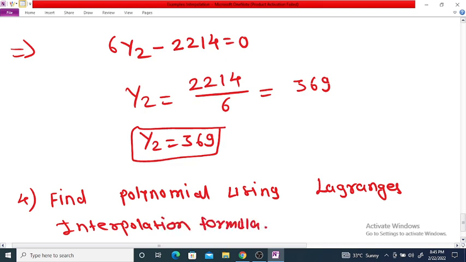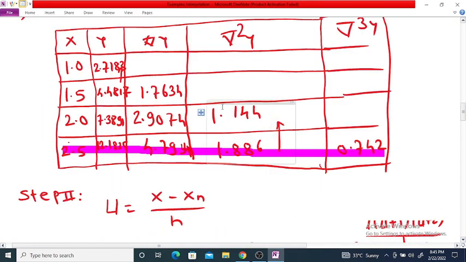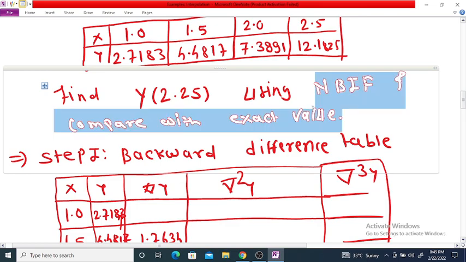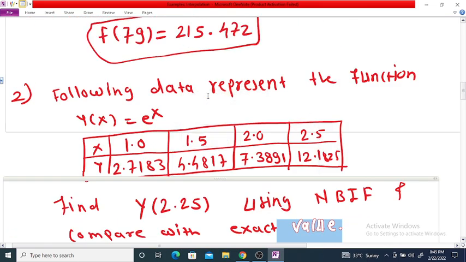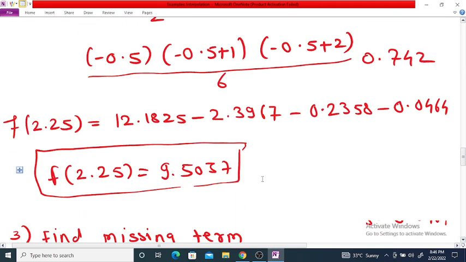There is one step missing in example number 2. In example number 2, we want to compare with the exact value. That is, what is e raised to 2.25? Here we have calculated the value as 9.5037. The exact value of e raised to 2.25 is 9.4877.